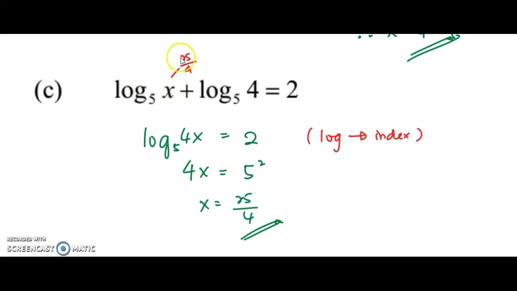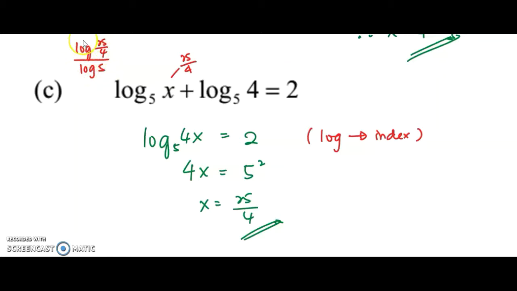You're going to press your calculator like this, as if you have changed this log into the base of 10. You are pressing the calculator. First, put the log 25 over 4 and then over the log 5.